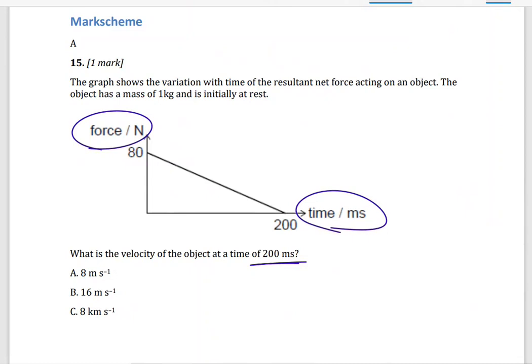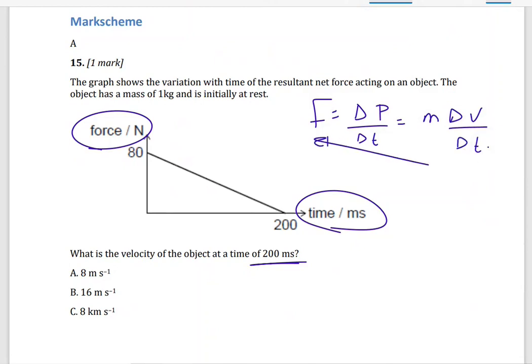Now from Newton's second law, force equals change in momentum divided by change in time. Change in momentum, the thing that's being changed here is the velocity, is mass times change in velocity divided by change in time. If I do cross multiplication, force times time will equal mass times velocity.